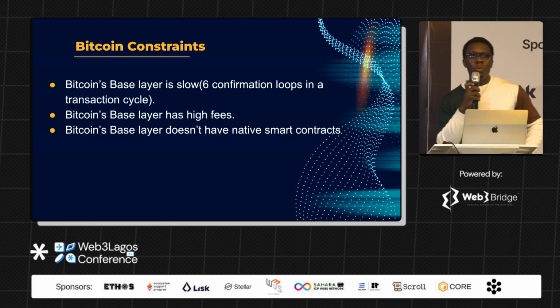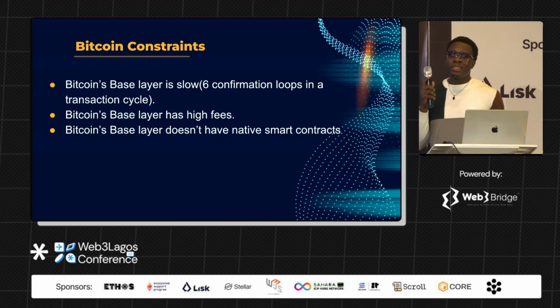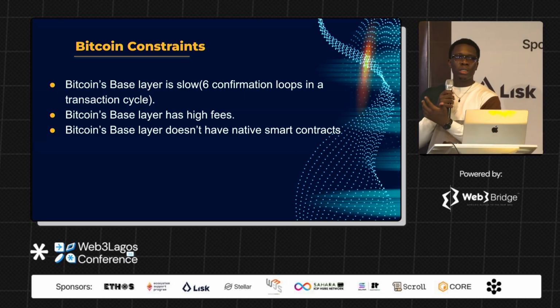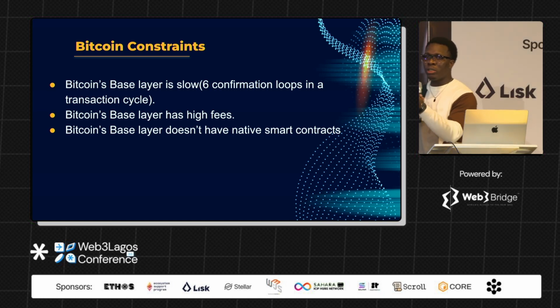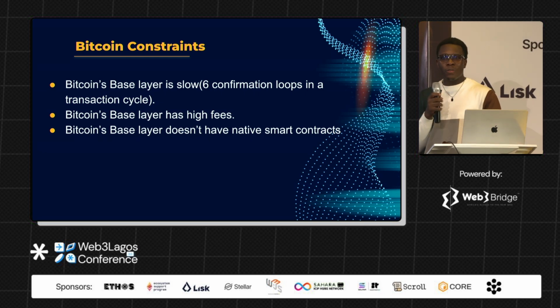So, what are the current challenges that we have on Bitcoin? I know most of us here, this is not our first time hearing about Bitcoin. Some of the speakers have spoken about core Bitcoin. So I'm not going to bore you with all the reasons why you should build on Bitcoin, the TVL and stuff like that.